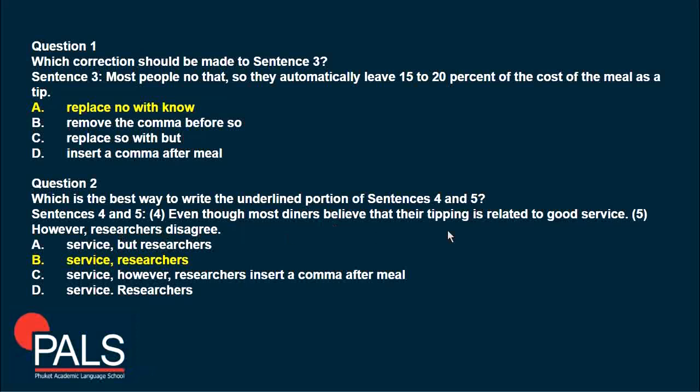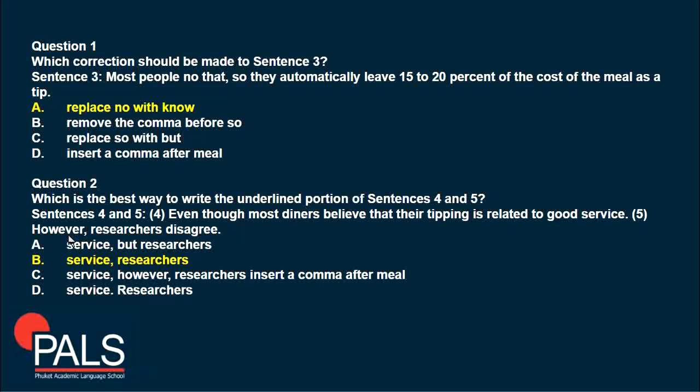There's something that sounds off, you know? So the best answer here is letter B. Why letter B? Because this choice connects a dependent clause and an independent clause. It's trying to form a complex sentence, okay? And however is not a good option. And we already have the words even though here.